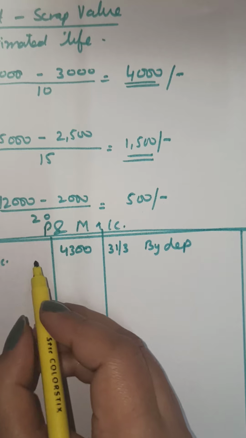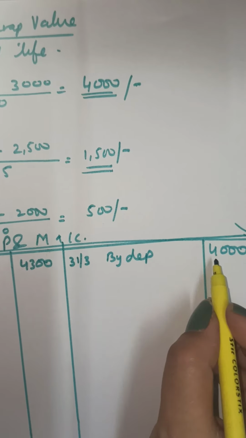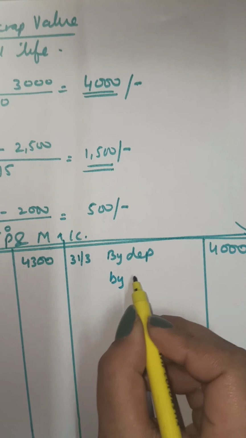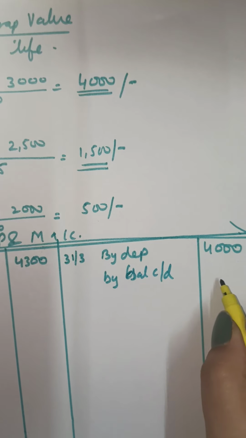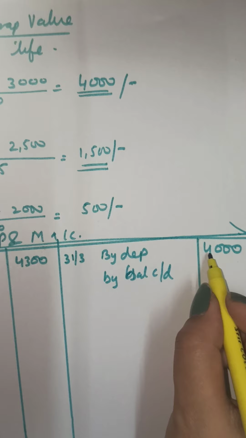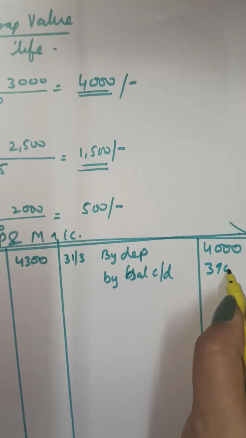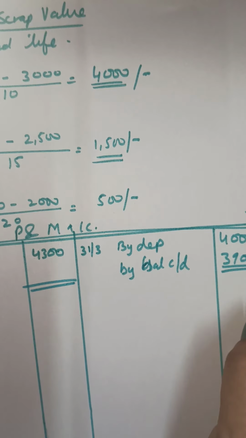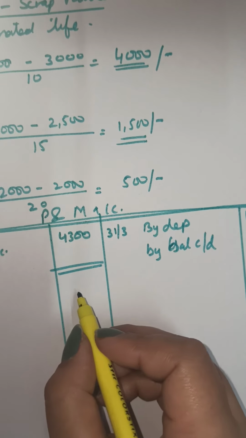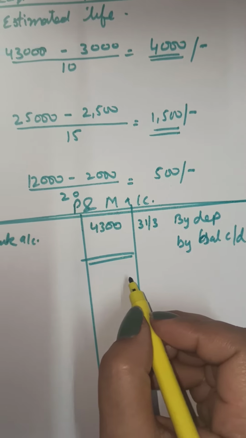The balance carried down will be 43,000 minus 4,000, rupees 39,000, and the year closes. You have to show the total also. Because of lack of space, I'm not showing it here, but you will show the total also.